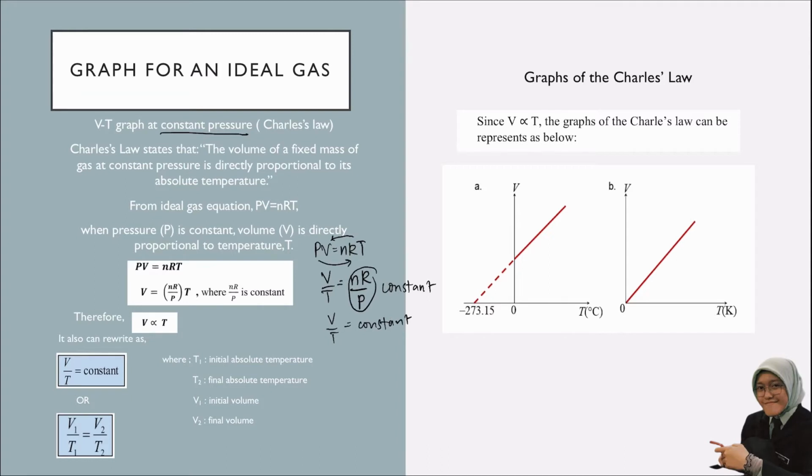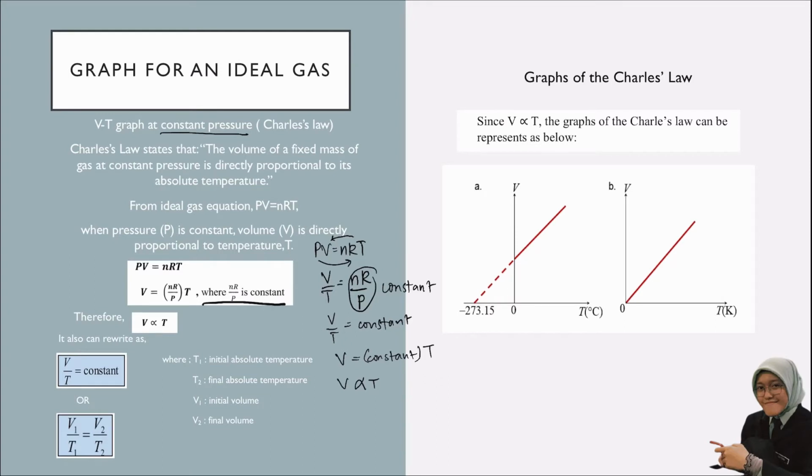So we know that V equals constant times T. So that means that V is directly proportional to T. It is also written here, where nR over P is constant.